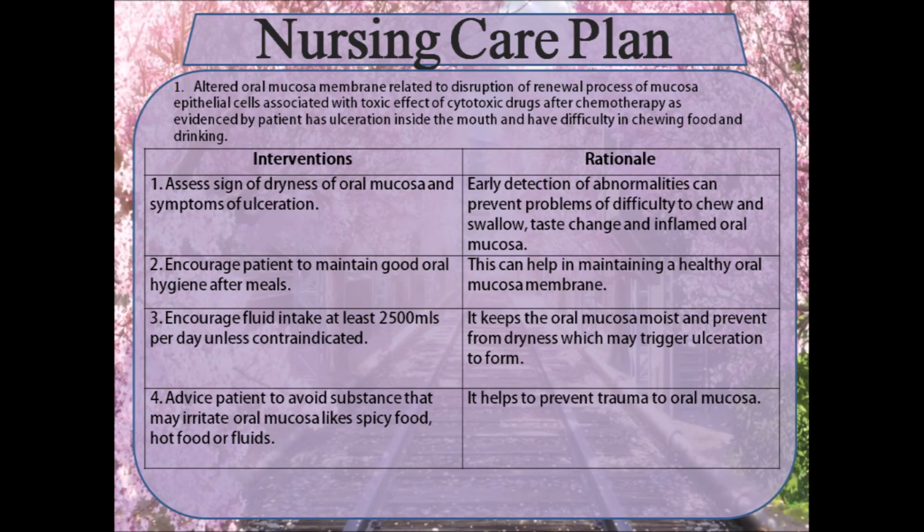Thirdly, encourage fluid intake of at least 2,500 ml per day unless the patient is contraindicated, which can keep the oral mucosa moist and prevent dryness. Lastly, advise patient to avoid substances that may irritate the oral mucosa like spicy food, hot food, or hot fluids, and it can help to prevent trauma to the oral mucosa.